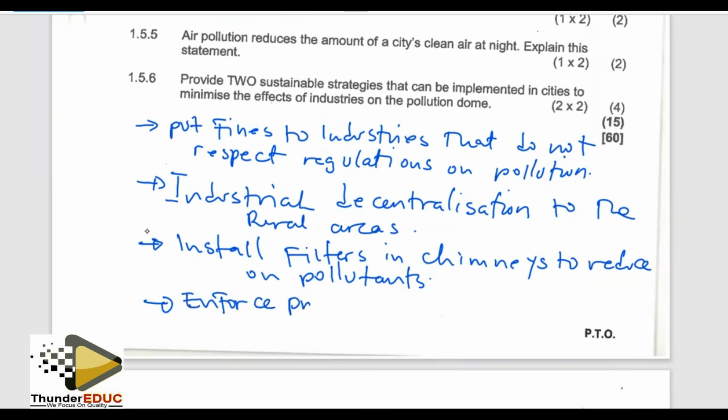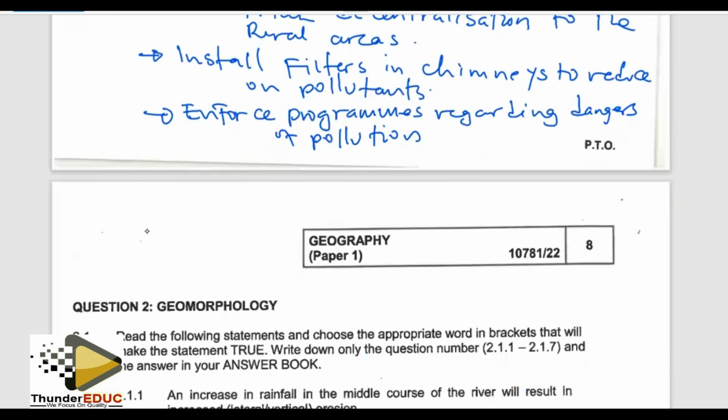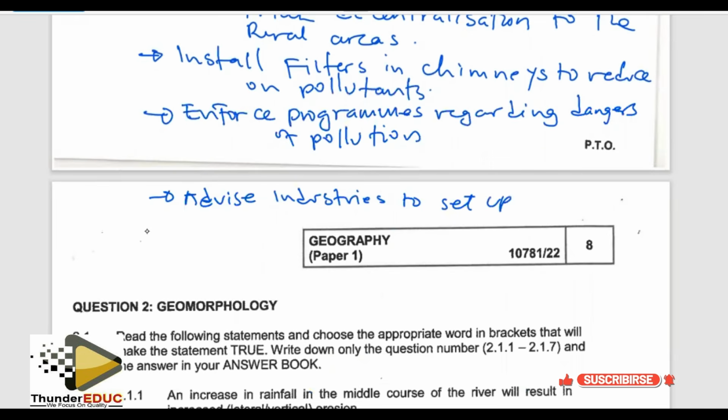Enforce programs regarding dangers of pollution. We could also advise industries to set up green belts so that they can consume most of the pollution.